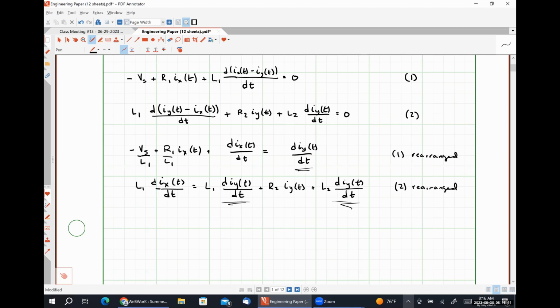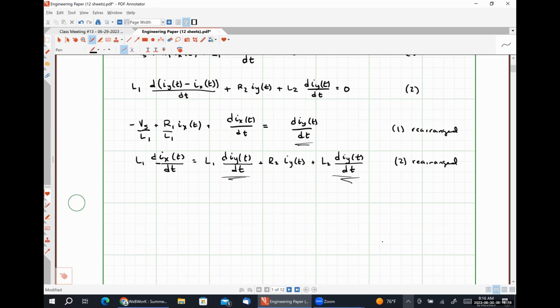So if I were to take the derivative of the second equation, let's go ahead and do that here. That's going to look like L1 times the second derivative of Ix with respect to time squared.